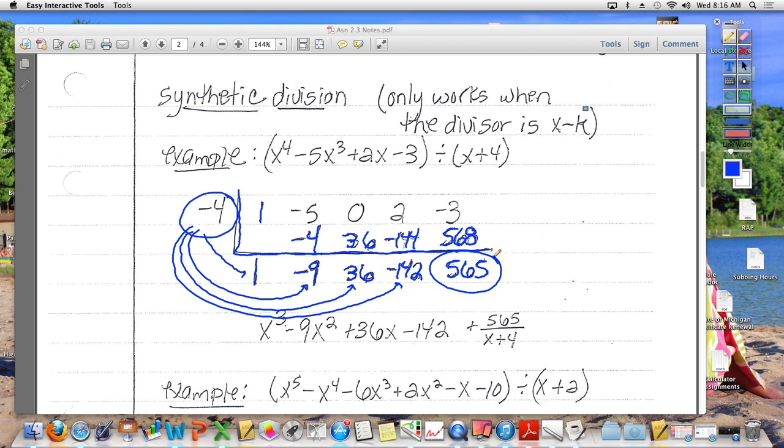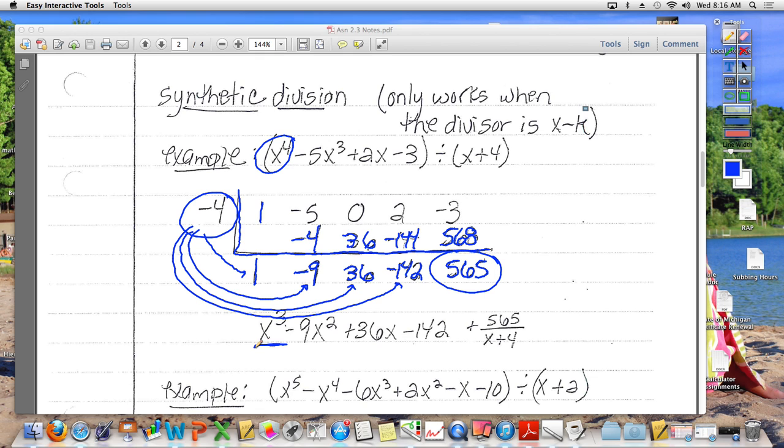So your answer is, now this is the thing, how do you know what powers each one of these things go to? Well, if you are starting with an x to the fourth power, your quotient is going to be x to one less power, so it's going to be x to the third power. If the first term in our polynomial was an x to the sixth power, your answer is going to be x to the fifth power.